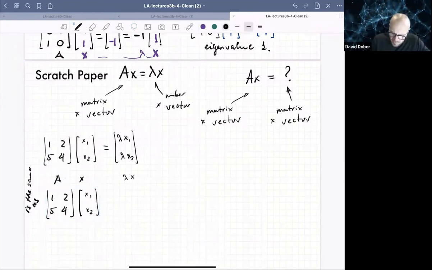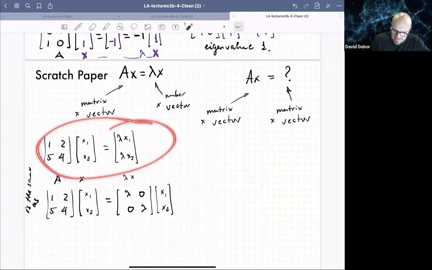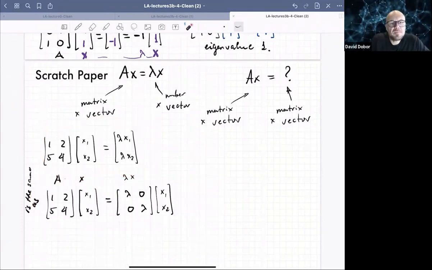How do I make it a matrix? I'm going to involve an identity. As a matrix equation, if I wrote this down with x1, x2, no one will object that this line is exactly the same as the line above, right? Everyone agrees.